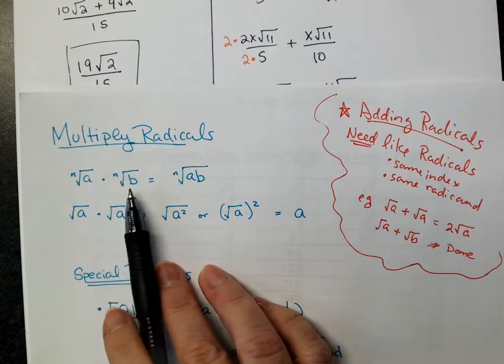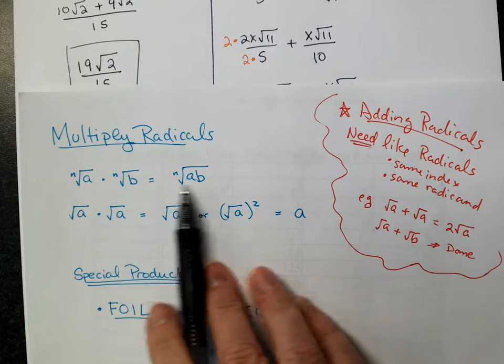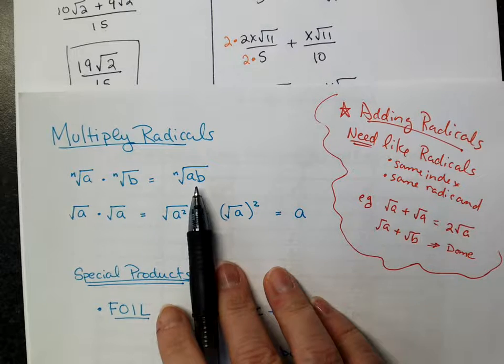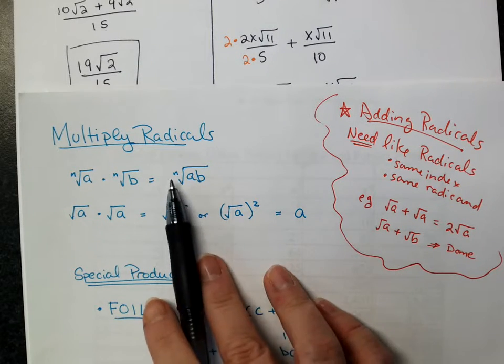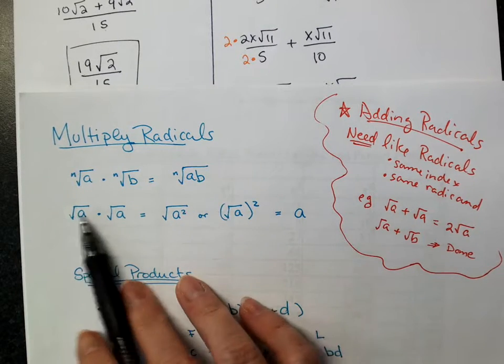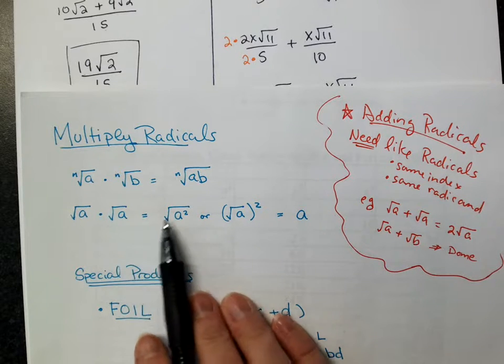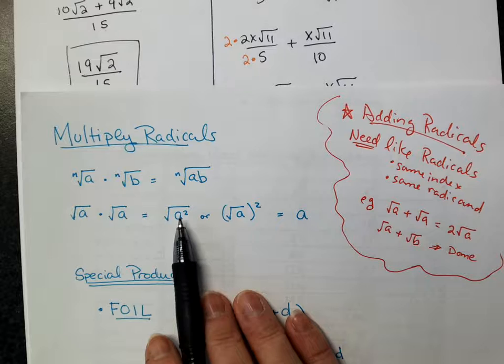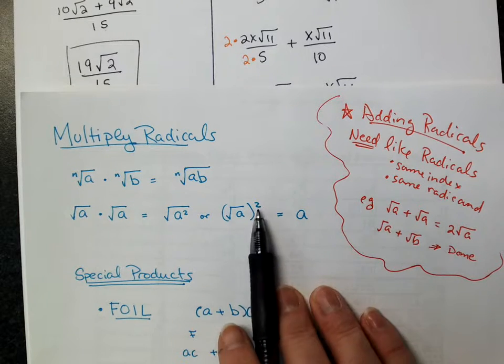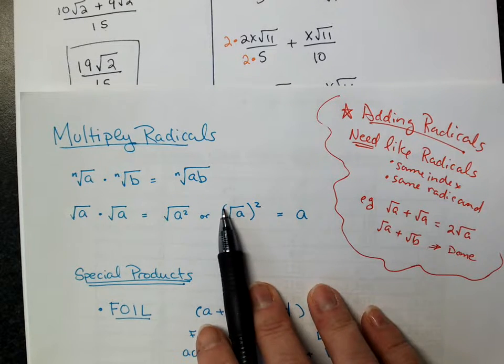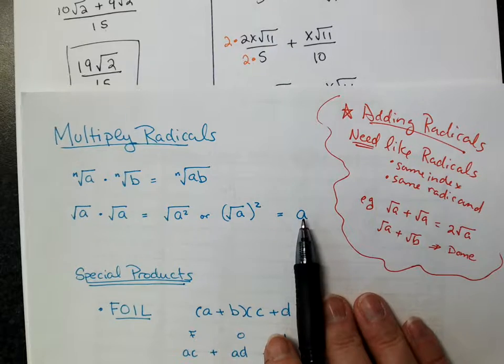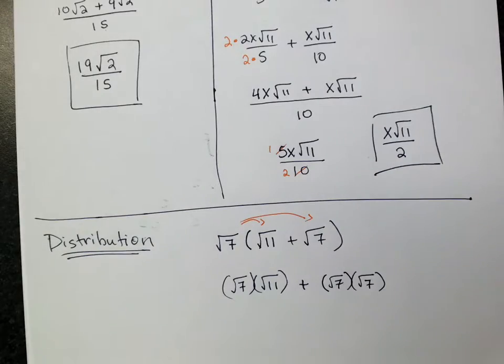If the radicands are different, the product rule allows us to put them under one house as long as it's the same index. But it still has a house. If the radicands are the same, then we are doing a square root squared, something times itself, and so it releases the square and the index of 2 cancel out, leaving just the radicand. Blows up the radical sign.